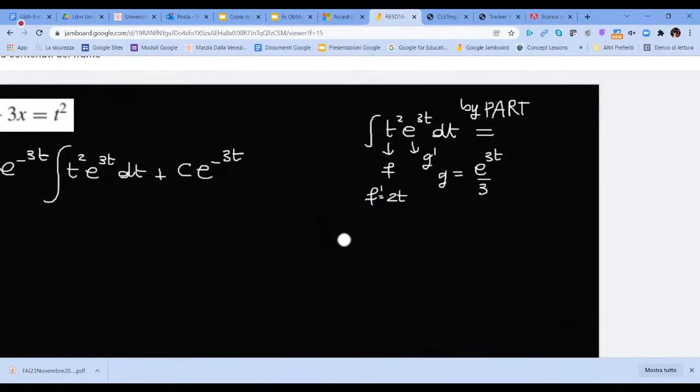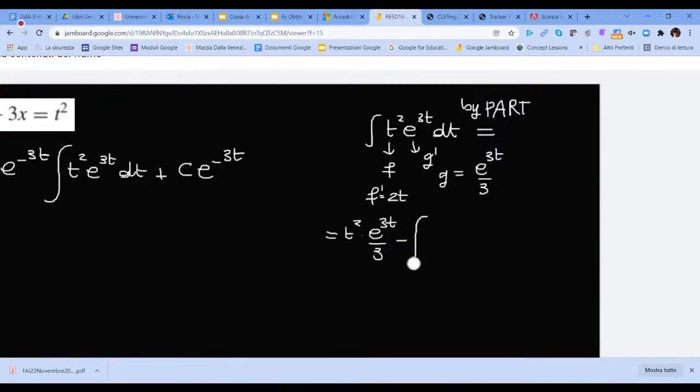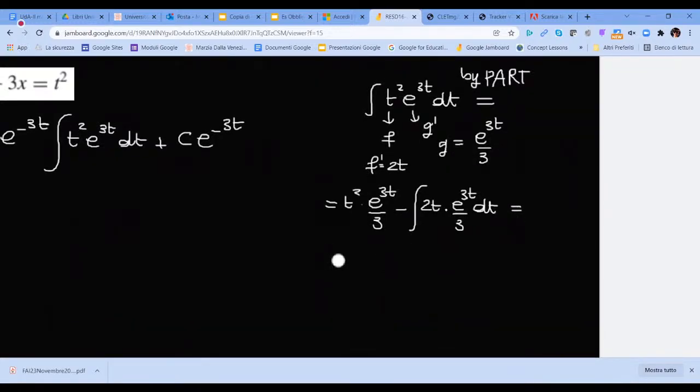So this is equal to f times g, so t squared times e to the 3t divided by 3, minus f prime times g, 2t times e to the 3t divided by 3 in this case. And then again we should perform integration by parts. That means that this remains the same.